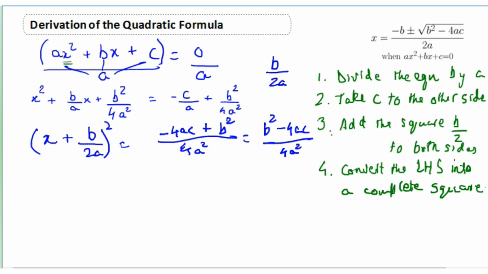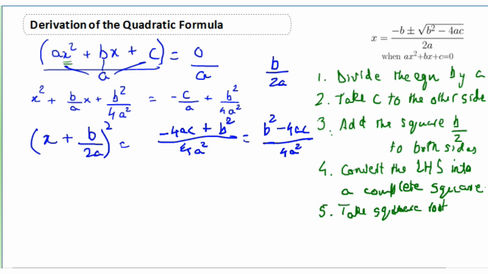Now I think you must be looking at the top right hand side and seeing some similarity there. What we have to ultimately find out is the value of x. So take the square root of both sides.